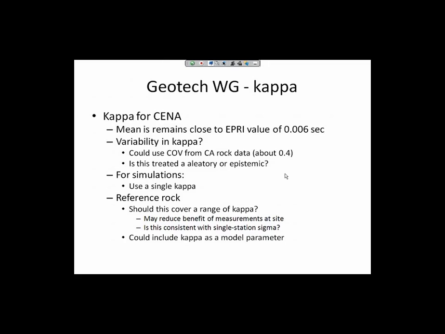Just one plea. We need data. I don't know who's out in cyberspace listening to us here, but any of you that can go back and talk to your colleagues, if we can get Kappa estimates for hard rock or CENA type conditions, we really need it. So I would really challenge people to try to develop or propose that.